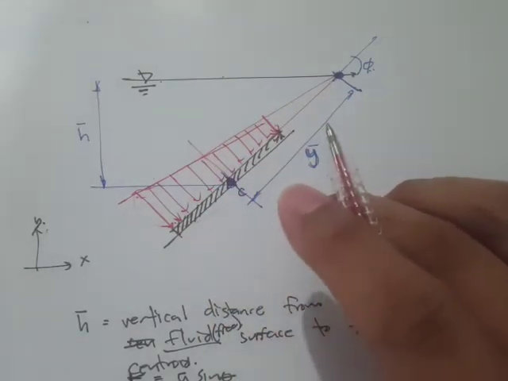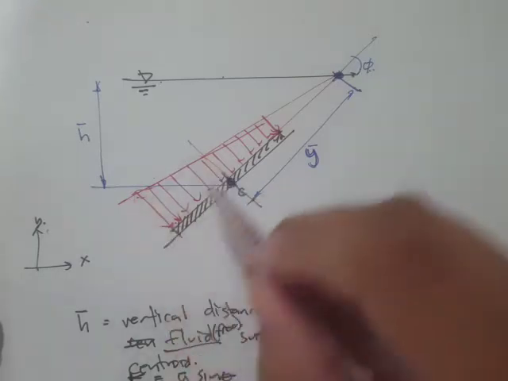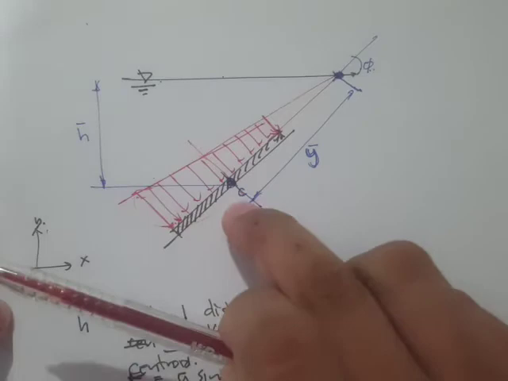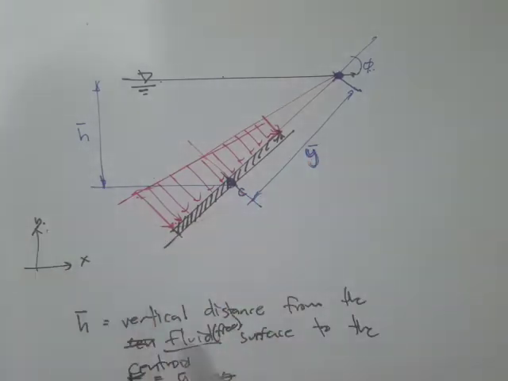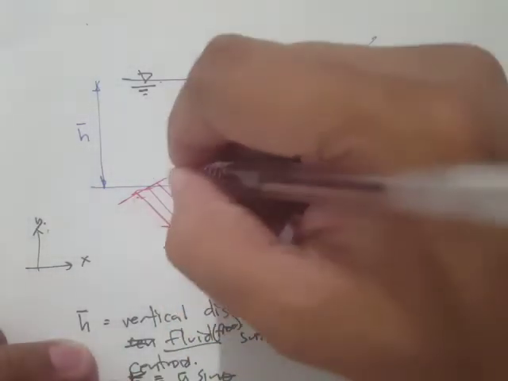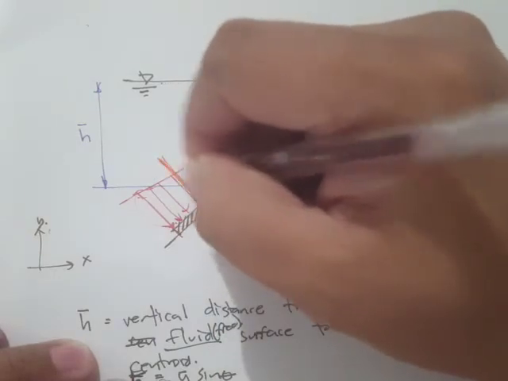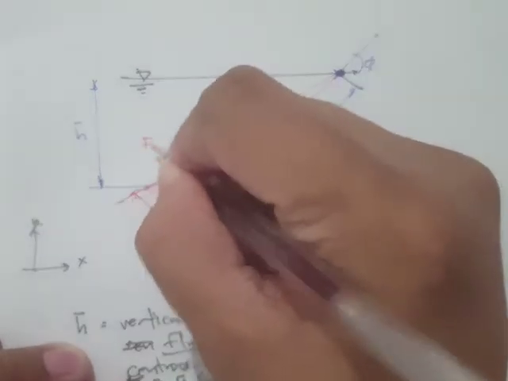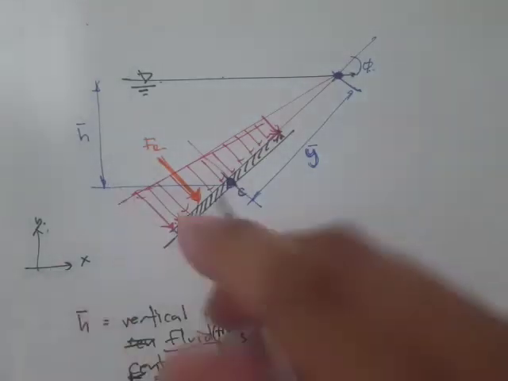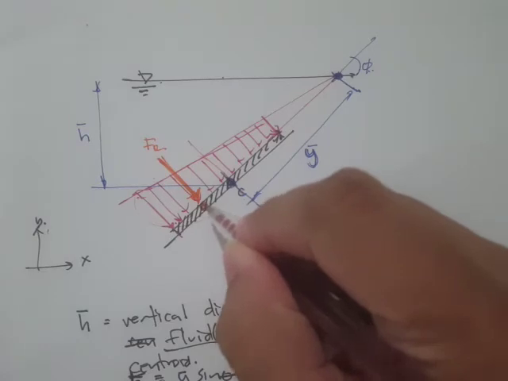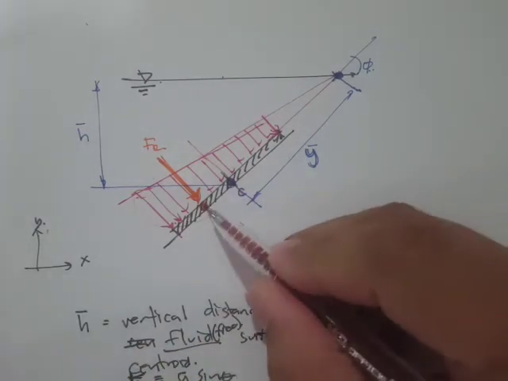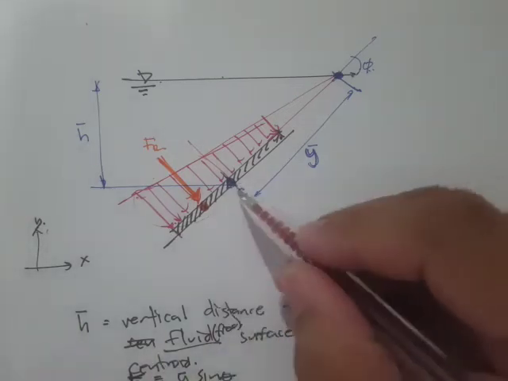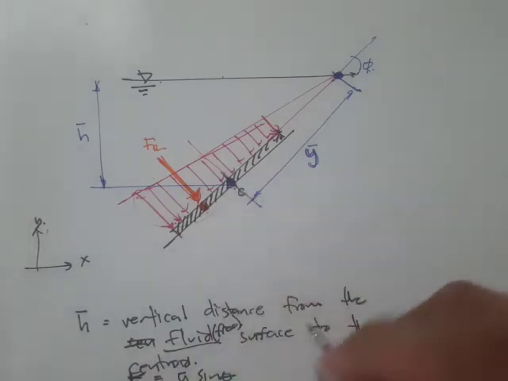So therefore the resultant force would be acting on this portion, greater than this y bar. Now let's draw the resultant force, F sub r. The F sub r is acting at some point that's greater than this centroid in terms of length.